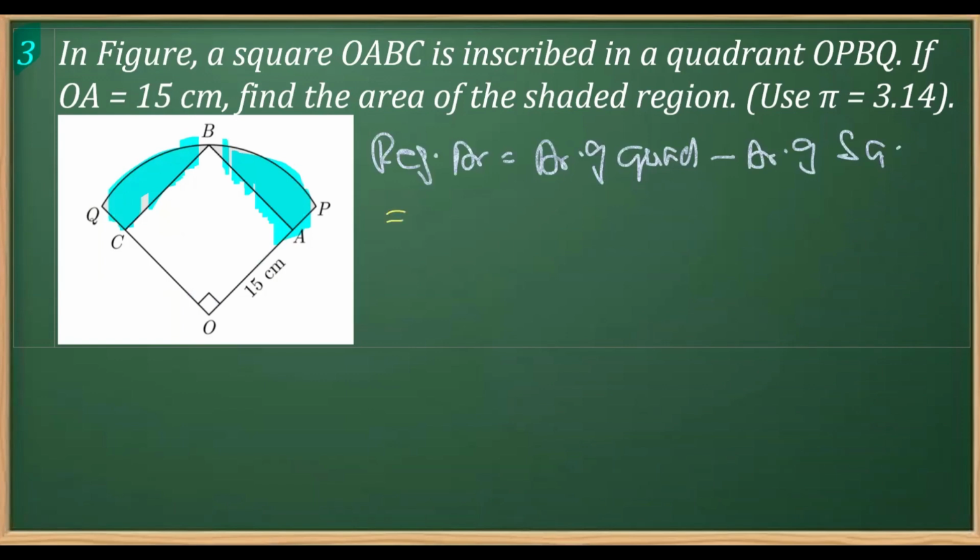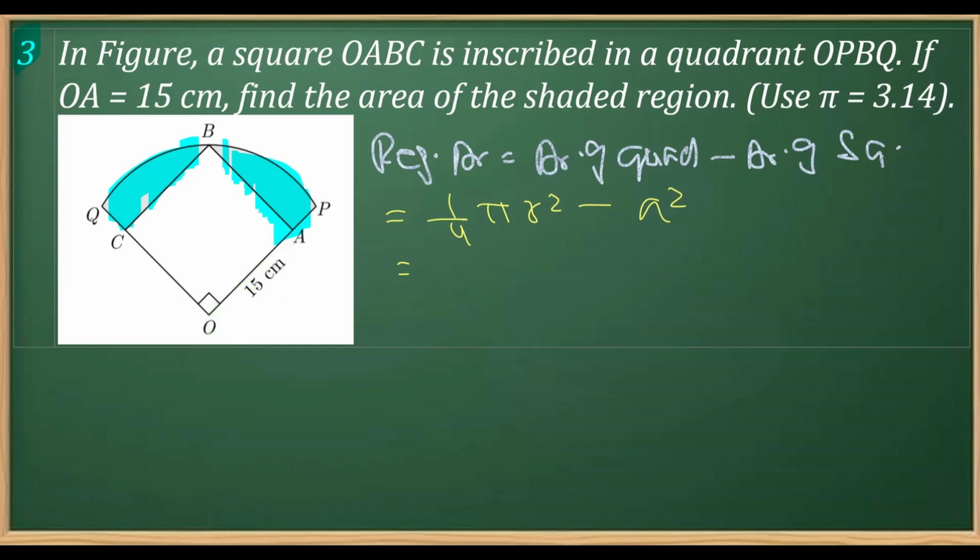The area of a quadrant is 1 over 4 pi r square, as for the area of a circle it is pi r square. In this case, we know the side of the square as 15 centimeter, but what we don't know is the radius of this circle.